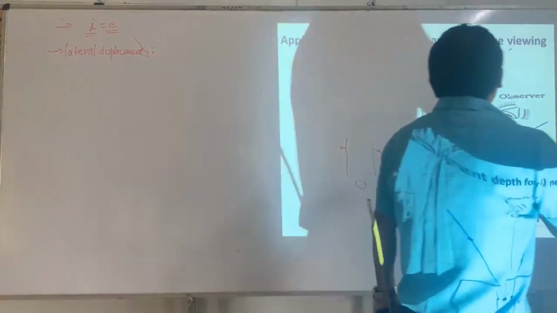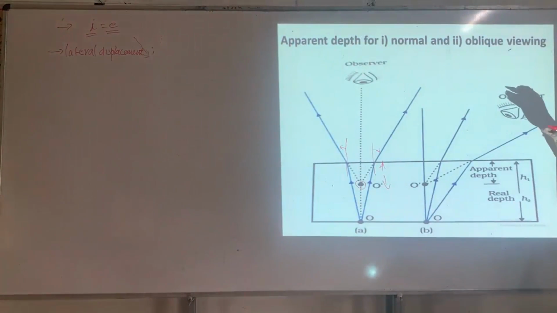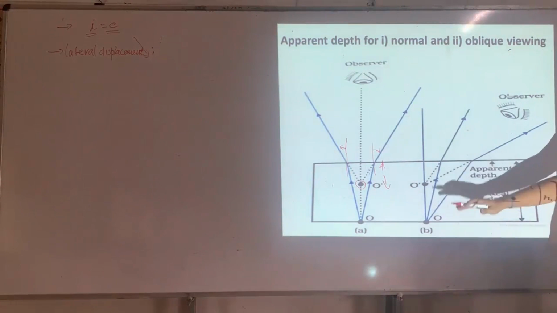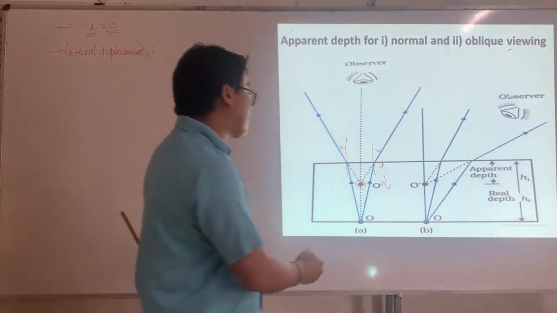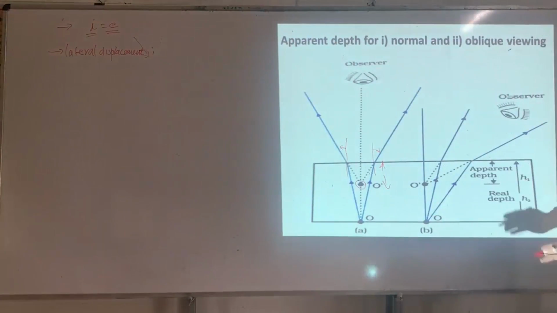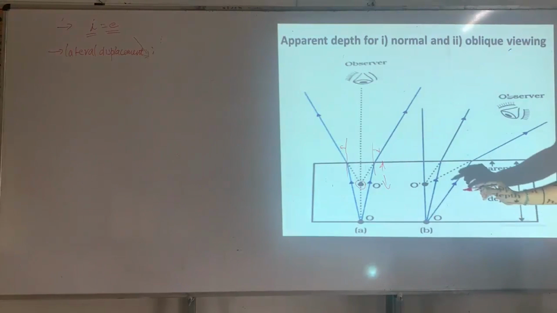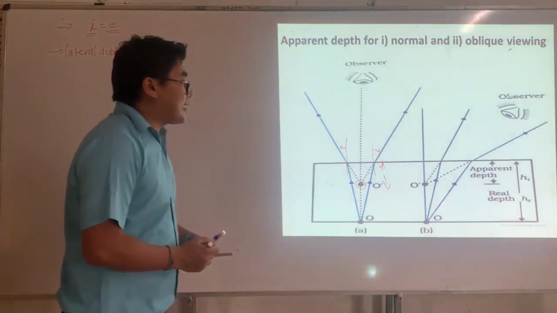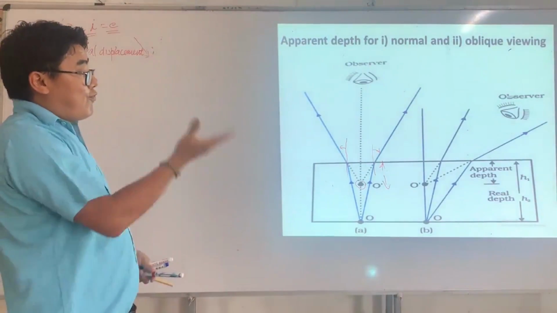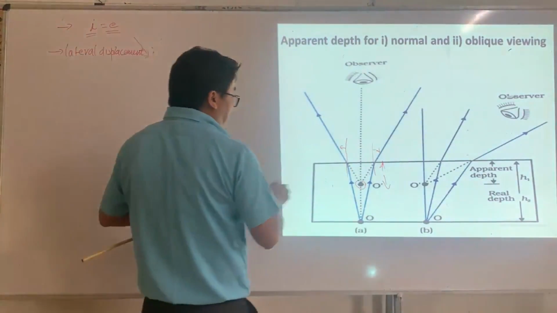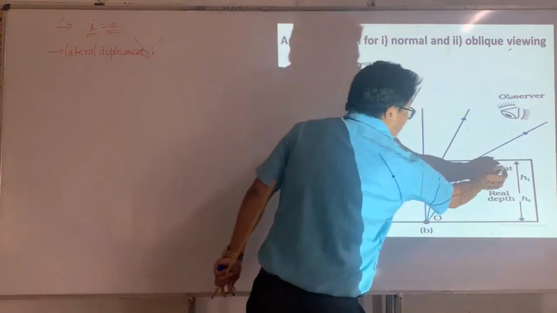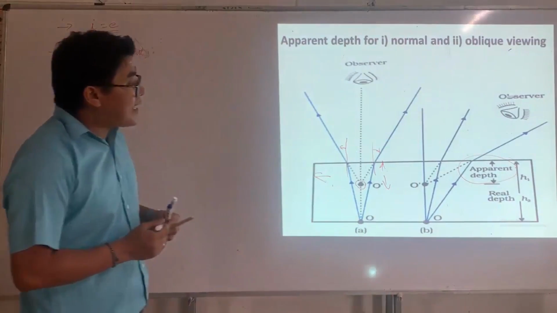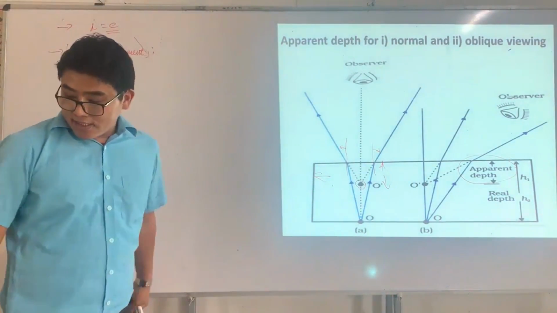Likewise, when you see the swimming pool obliquely, with some angle, again you see a rise of the floor. So this is the apparent depth, and this is the real depth. The apparent depth is determined by the refractive index. So this is one point.